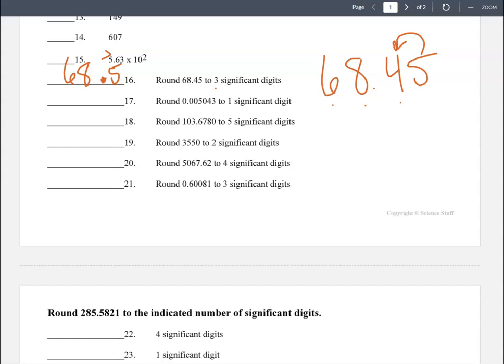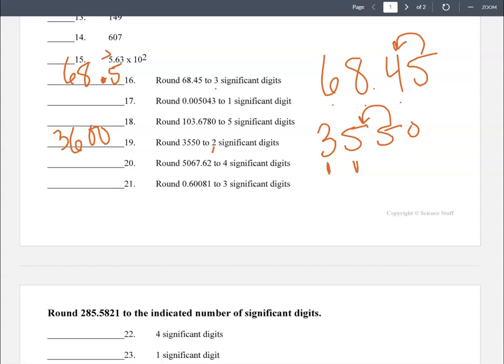The next example I'm going to do is number 19. This is one that multiple students across the day had some issues with. So if we have 3,550 and we want to go to 2 significant digits. 1, 2, the second 5 tells the first 5 to round up for a final answer of 3,600.